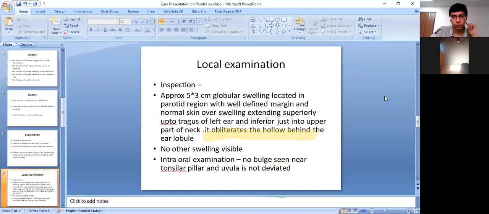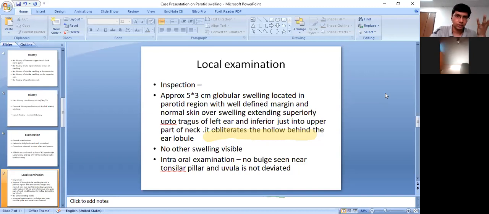The hollow of the ear lobule is the space between the angle of the mandible and the mastoid tip. That is why it is not a parotid swelling. If it obliterates, it's a parotid. If it does not obliterate, it can be a lymph node swelling.